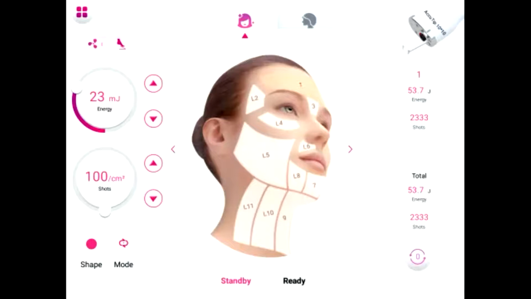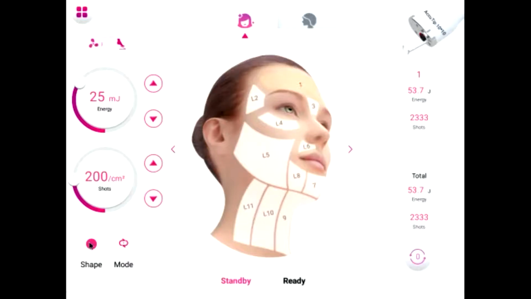And for the parameters, we set 25 ampere and 200 square centimeters. To reduce the pain, we use the scramble mode.